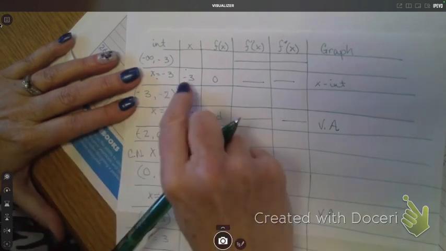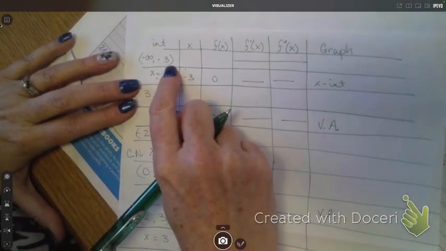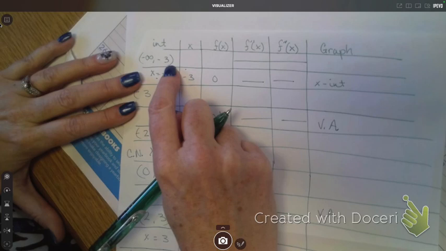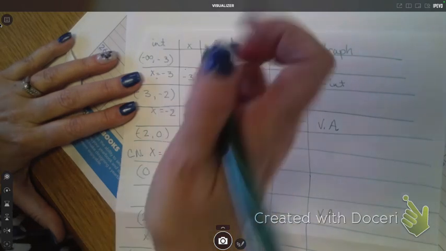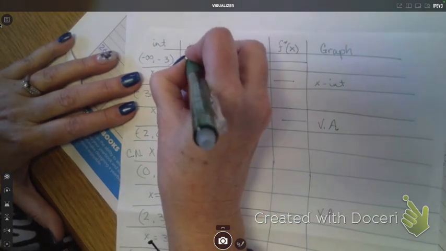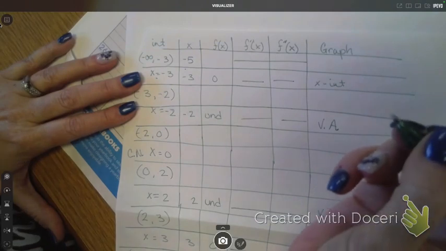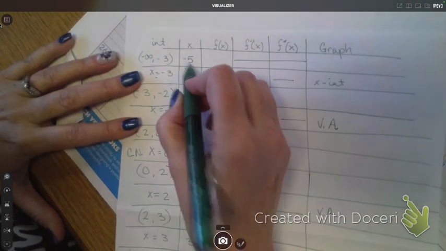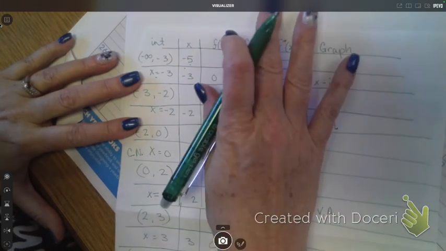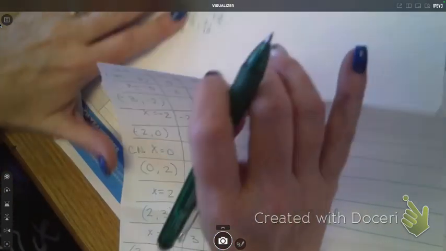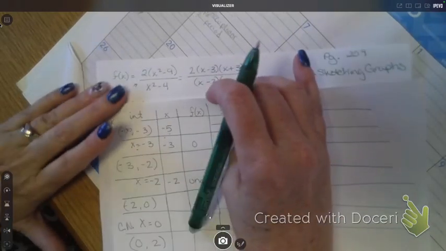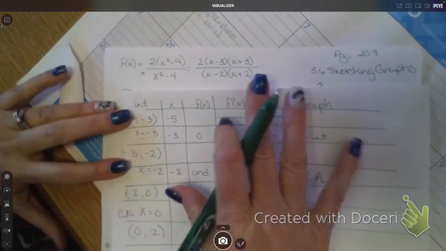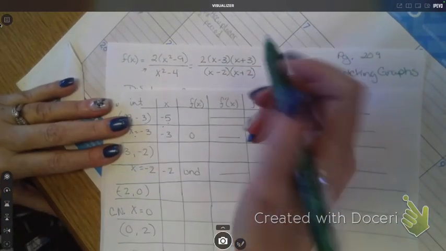I need a number in between negative infinity and -3. -5. Okay, so write -5. It gives you a point you can plot on your graph. So -5, and you're going to put it into the equation. If you want the point, you can have the point. If you don't, you can just do the positive and negative like we used to. Are we okay with just positive, negative for now?